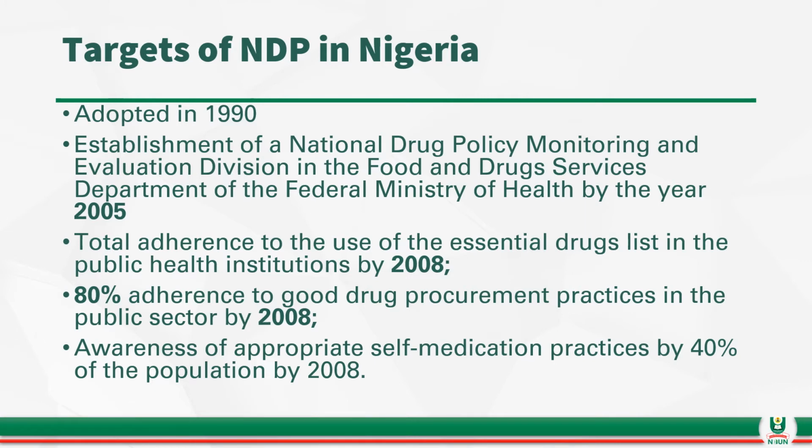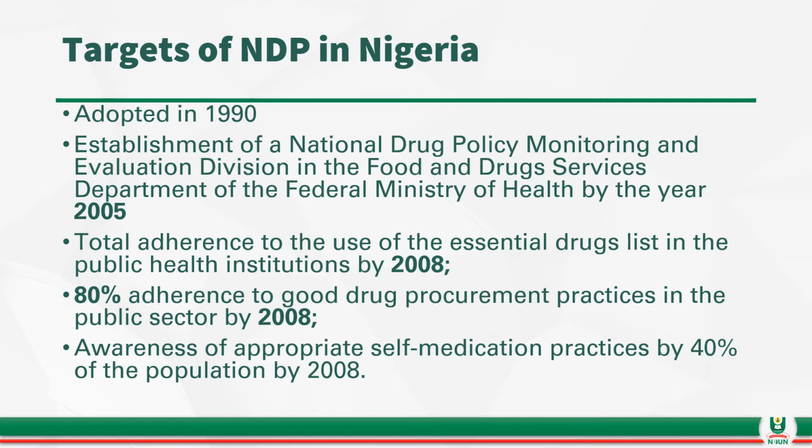So what are the targets of national drug policy in Nigeria? It was adopted in 1990, and that led to a couple of items that were meant to be targets, achievements to be made when it was adopted. And one of these achievements to be made is to make sure that the National Drug Policy Monitoring and Evaluation Division is established in the Federal Ministry of Health by the year 2005.